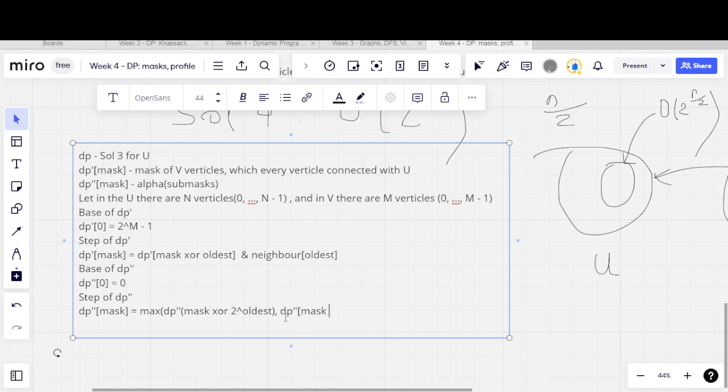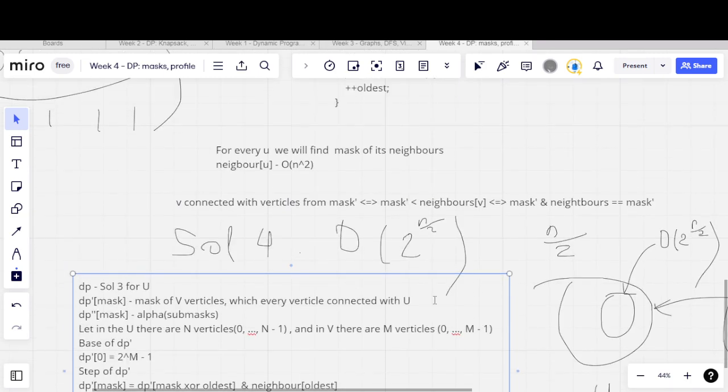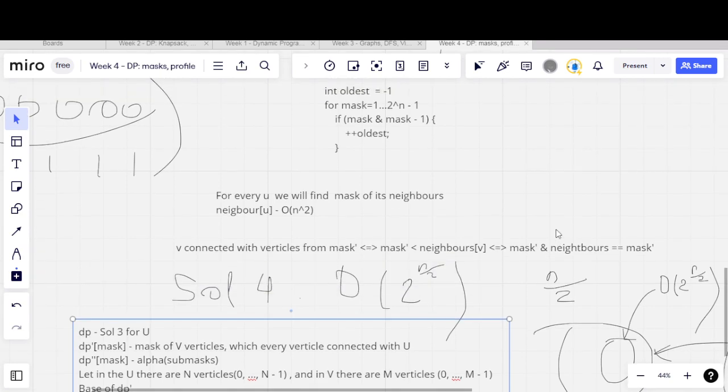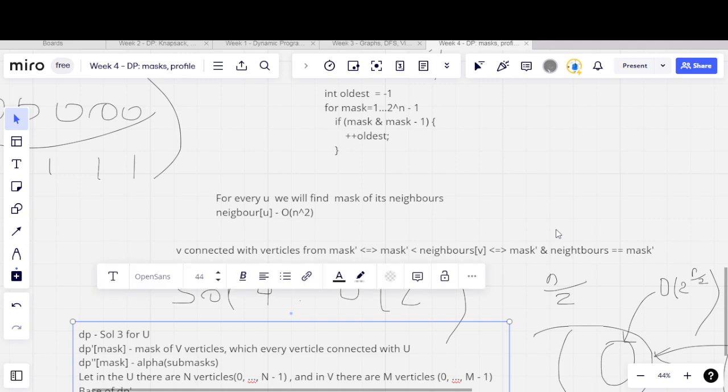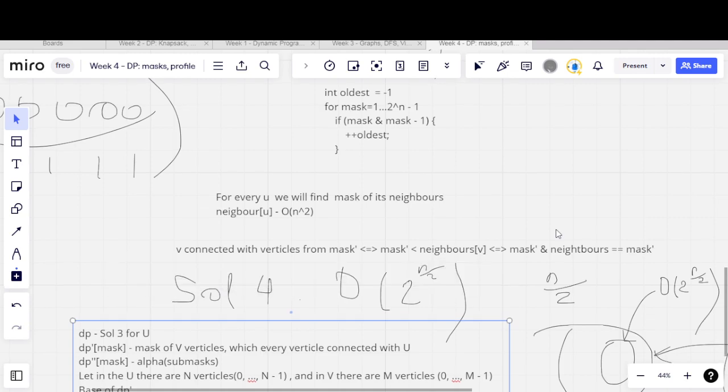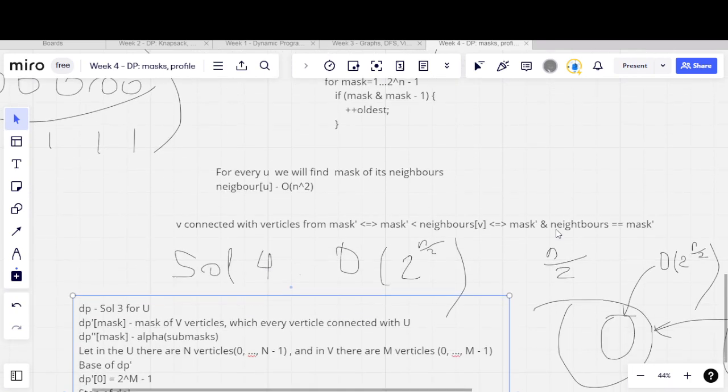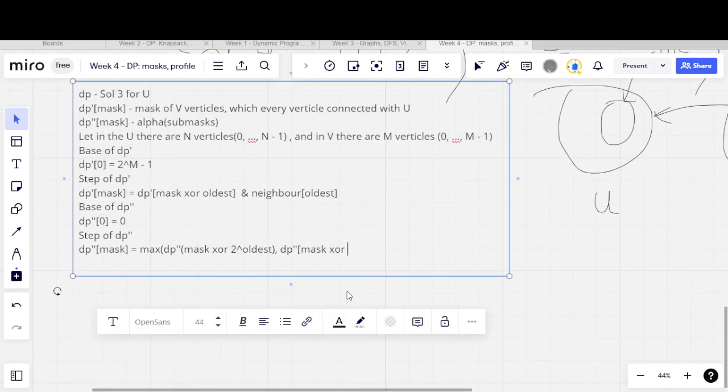Okay, this is submask. According to the previous solution, it will be mask and neighbors, just mask and neighbor of oldest.